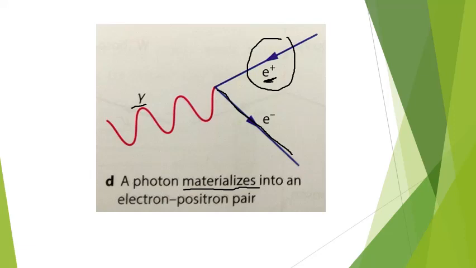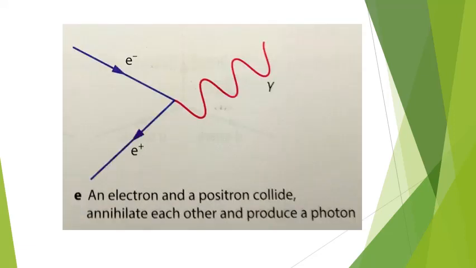And like we saw in that last clip, it's not really going backwards in time, but for this to be represented correctly, it's got to be going backwards. And likewise with this, if an electron and positron collide together, they annihilate each other and a photon of energy is produced. You've got that here, the electron and the positron collide.